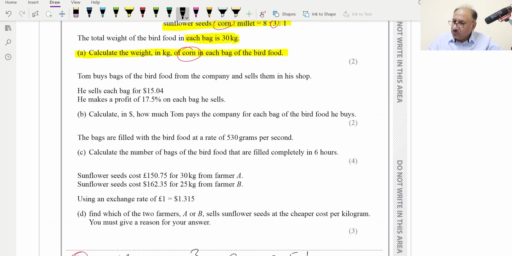A 2-mark question. Good. So for part B, Tom buys bags of bird food from the company and sells them in his shop. He sells each bag for this many dollars. He makes a profit of this one. It is a reverse percentage question. Calculate in dollars how much Tom pays the company for each bag of bird food he buys.